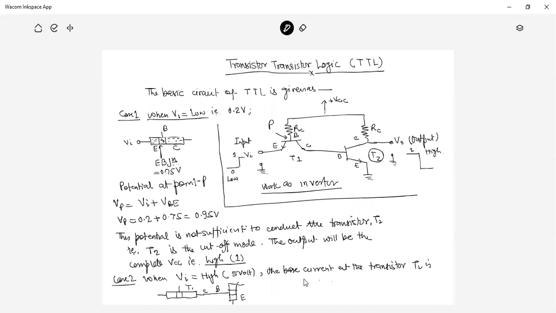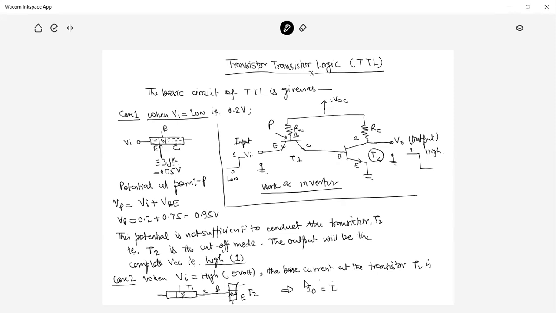So what we find, there is one junction here and another junction here. These two junctions are the base collector junction in T1 and the base emitter junction in T2.